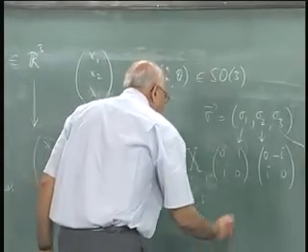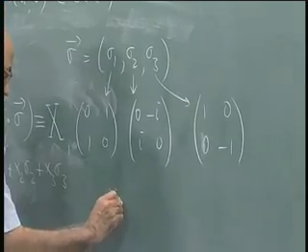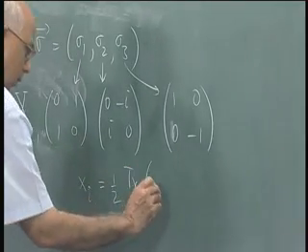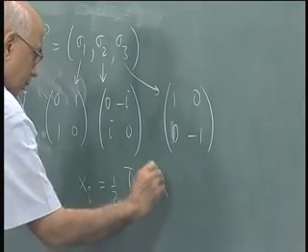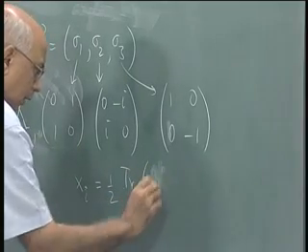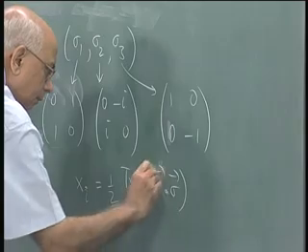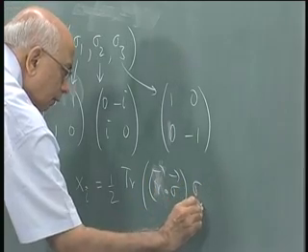In fact, it is not hard to show that xi is equal to half the trace of r dot sigma times sigma i.